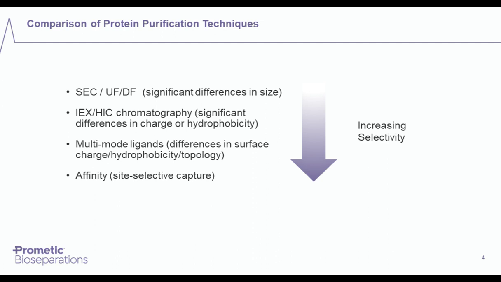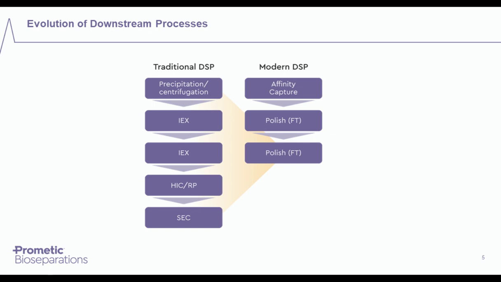Finally, affinity chromatography remains the most selective purification technique and utilizes selective binding interactions between an immobilized affinity ligand and a specific binding site on the target protein.